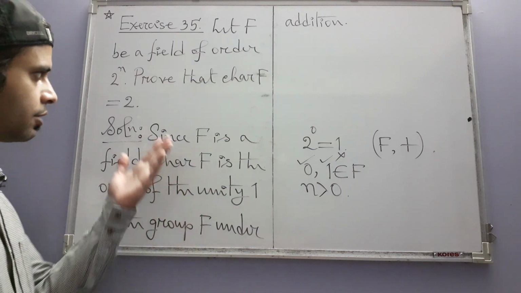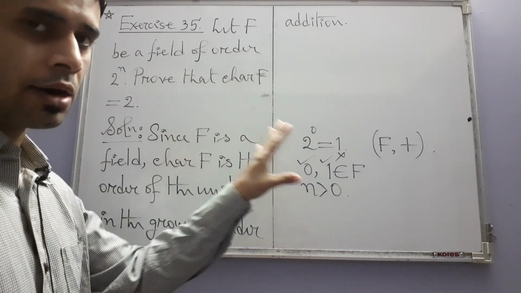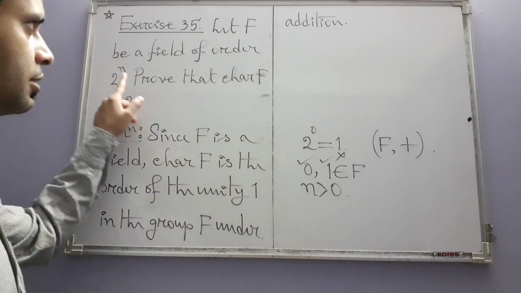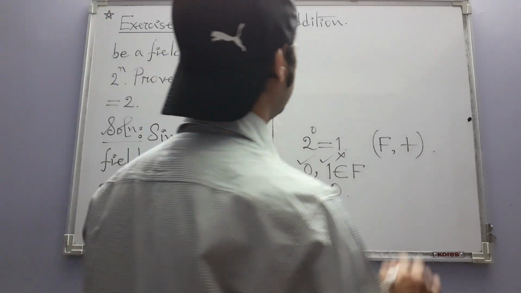Now we know the order of this group. This group in our case is a finite group. So we know its order. It is 2 to the power n.